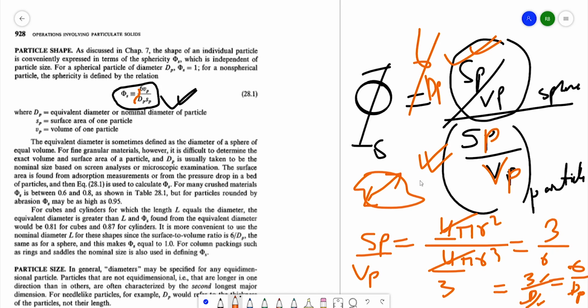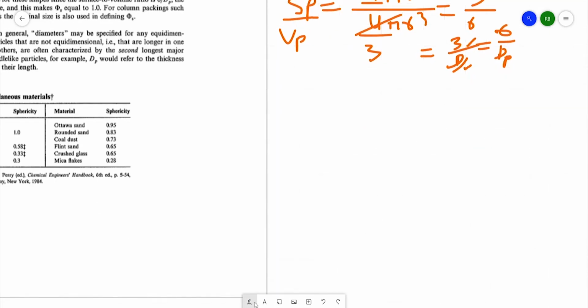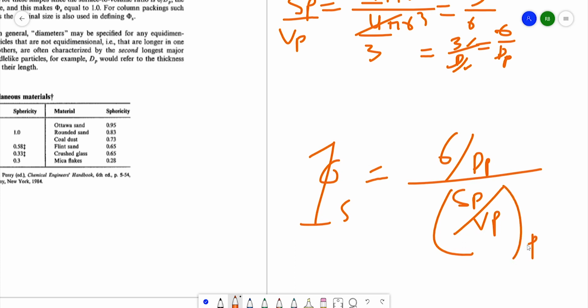The basic quick formula for sphericity calculation is phi s equal to 6 by dp, where dp is the equivalent diameter, times SP by VP of that particle whose sphericity we are going to calculate.